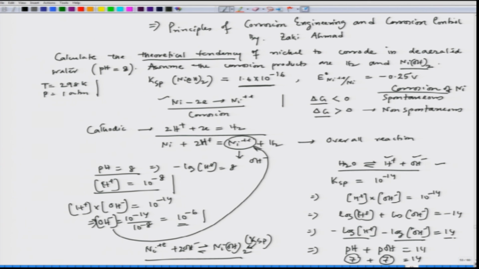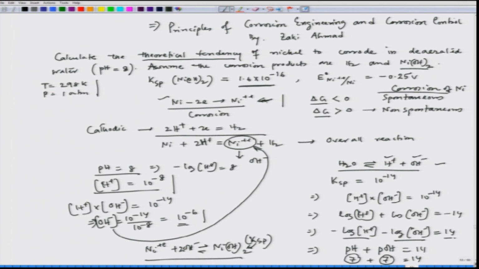And once we know the concentration of nickel plus plus in the solution, we can find out the potential that would generate for this particular reaction in that solution. And also we know pH, so we can also find out E1 and E2, and then we can take the difference between these two potentials, and that would lead to finding out these two situations.